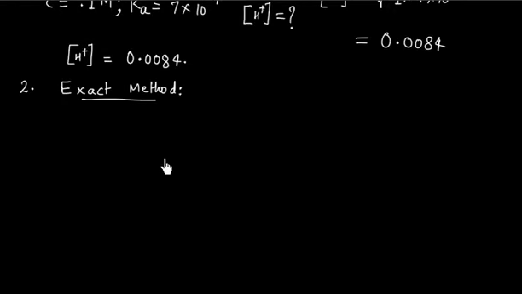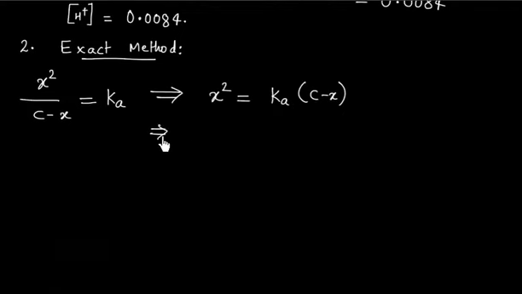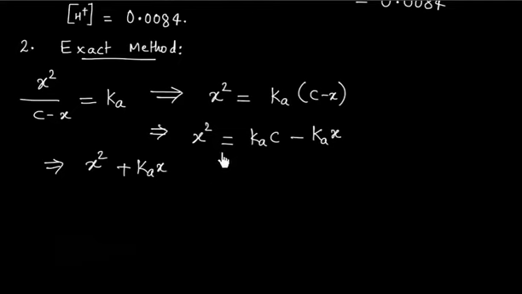So I have x squared divided by C minus x equal to Ka. From here I can write x squared is nothing but Ka times C minus x, and from here x squared is equal to KaC minus Ka into x. If I take everything to one side, I will have x squared plus Ka into x minus Ka into C equal to 0.